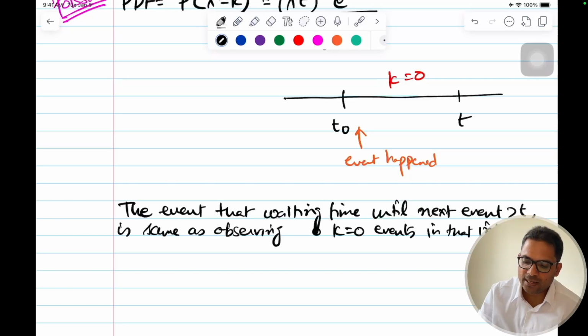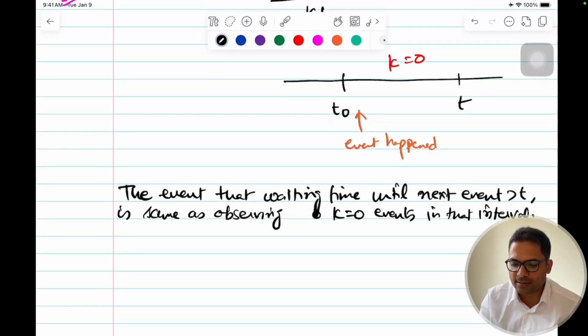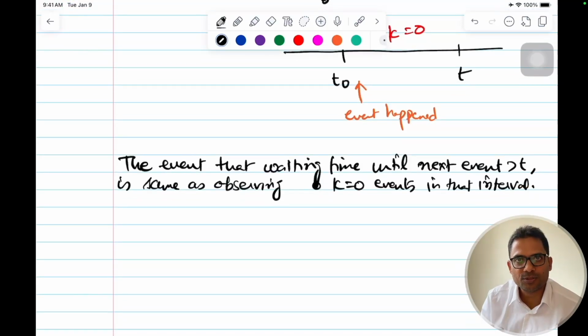I have waited and no event happened. Whatever the average rate was, even then no event happened, so we can say that the waiting time was greater than t. This is the main intuition.